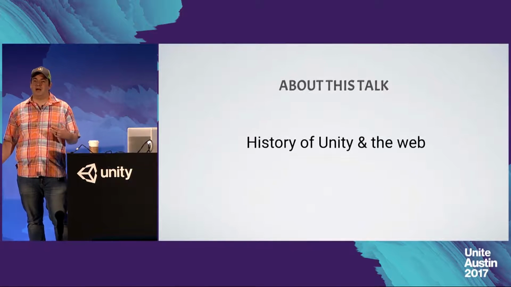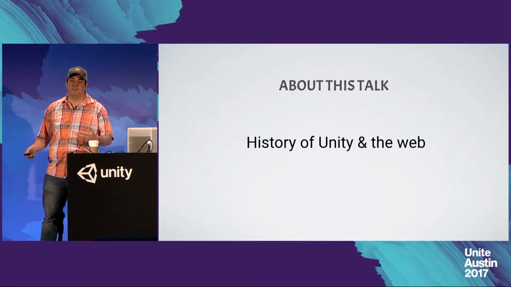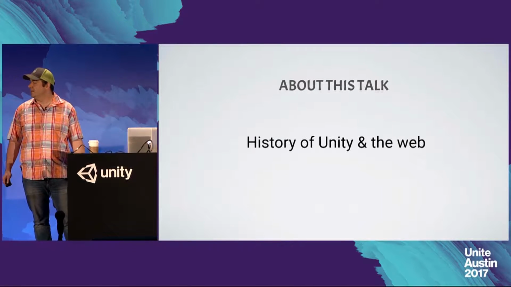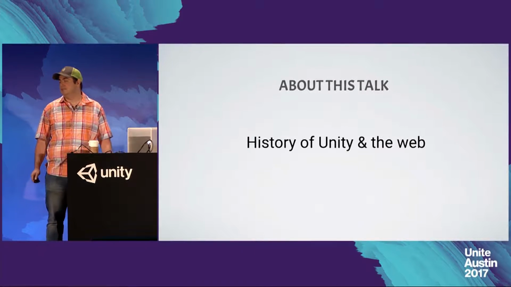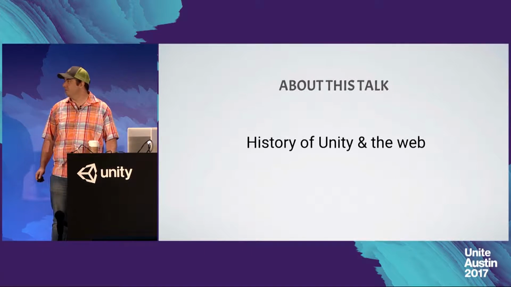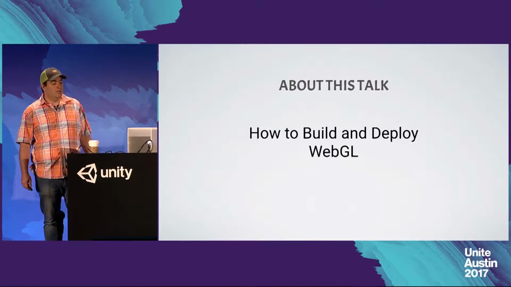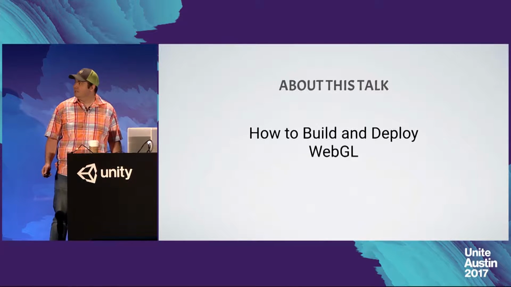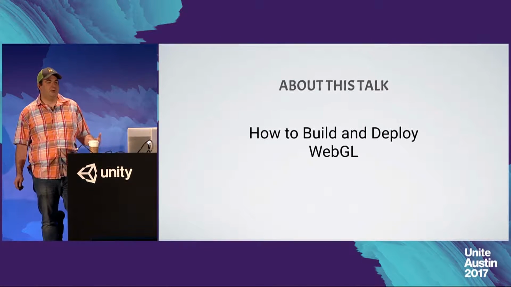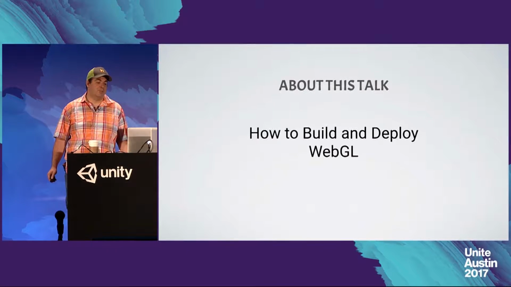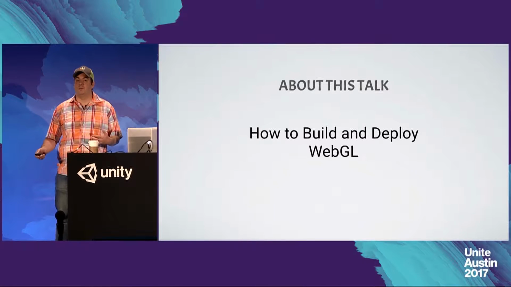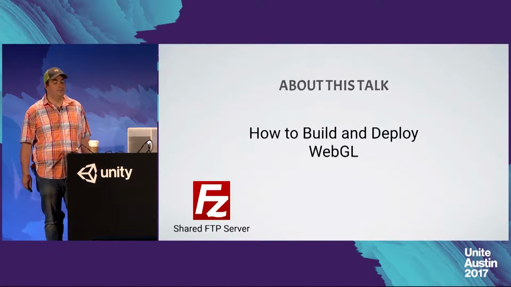So now we think of it as deploying to a bunch of other platforms, but actually their Unity browser plugin was available when they launched in 2005 for Mac, and then the Windows version came out a few months later. We'll also talk about how to build and deploy WebGL. So the building part is for the people that have not built a WebGL item before. It's pretty simple. And then we'll talk about the different ways that you can deploy this thing to the web.